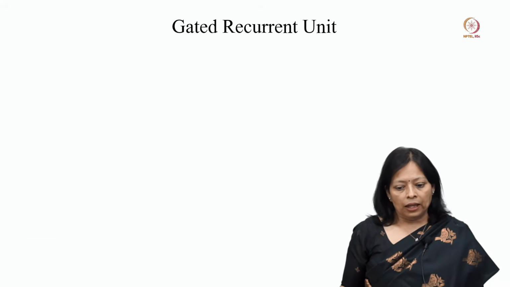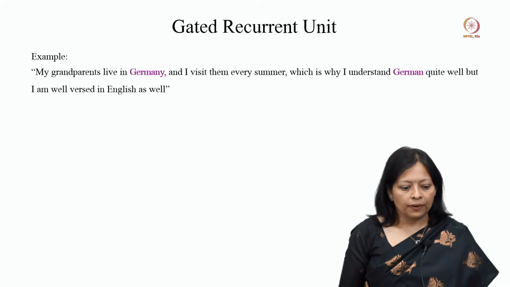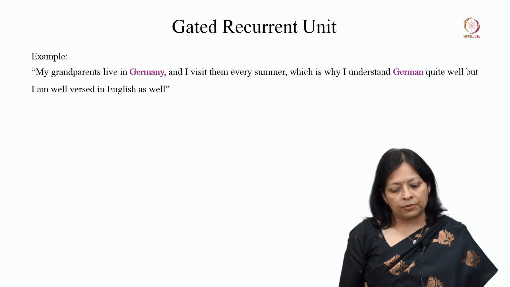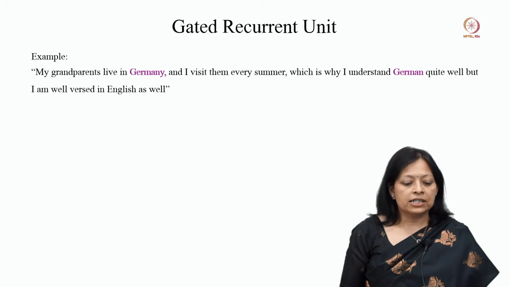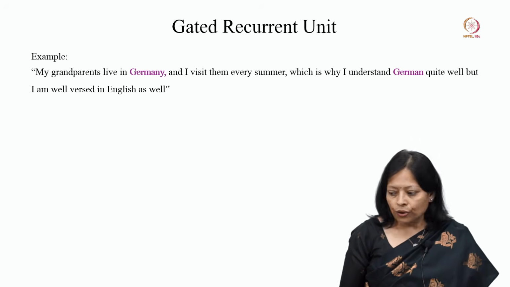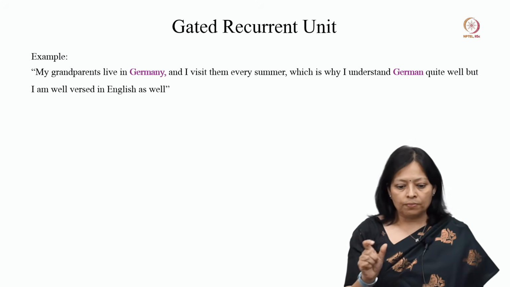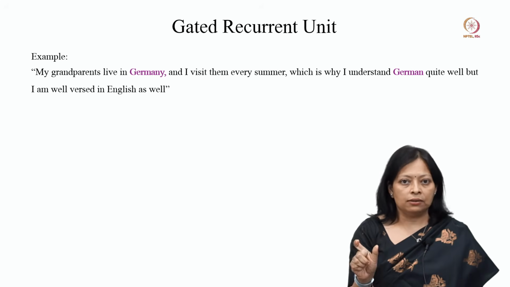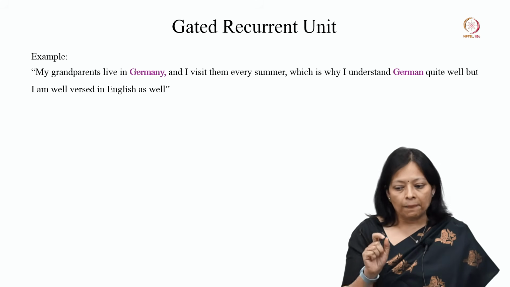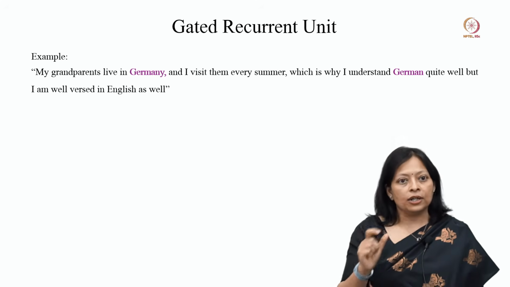Okay. So, we will look into an example, a sentence like, my grandparents live in Germany and I visit them every summer, which is why I understand German quite well, but I am well versed in English as well. In this sentence, there is a relationship between Germany and German, and there are a lot of words in between Germany and German, but after the word but, the context changes.